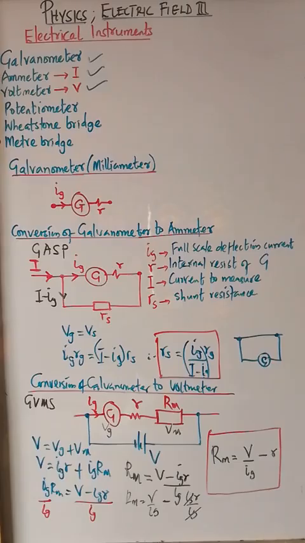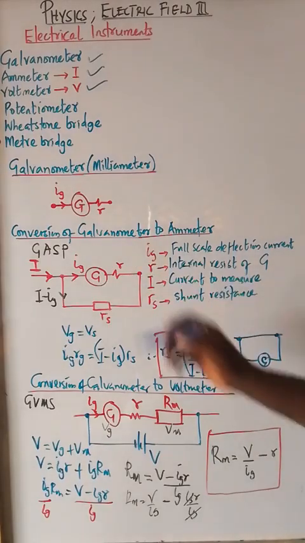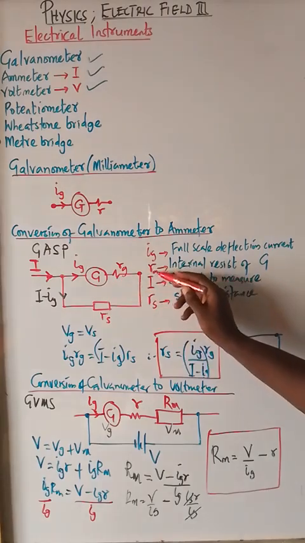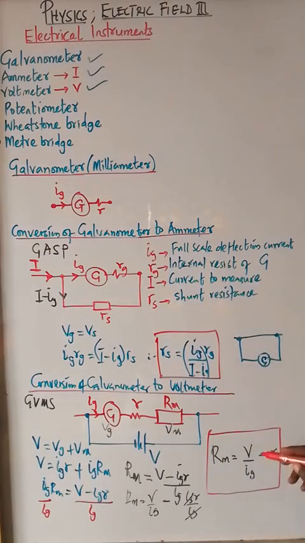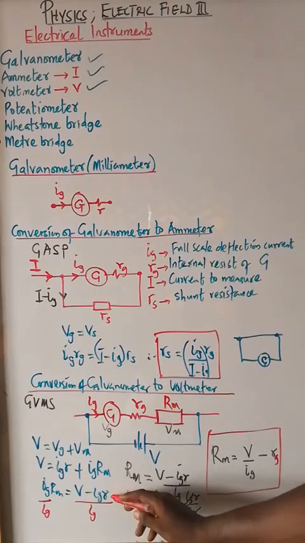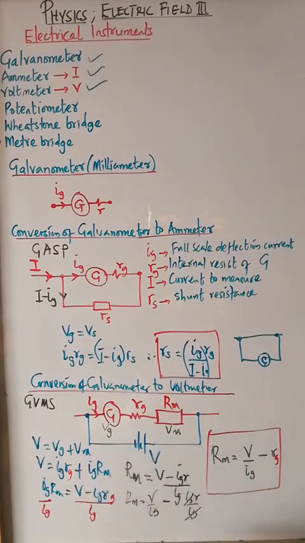The resistance of the galvanometer. Let me write it as Rg also in order not to create confusion. So this is the internal resistance of the galvanometer, Rg.